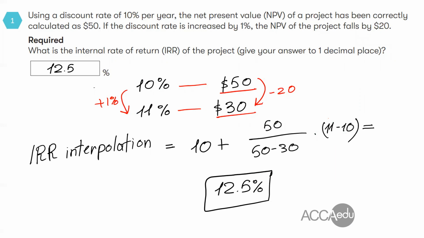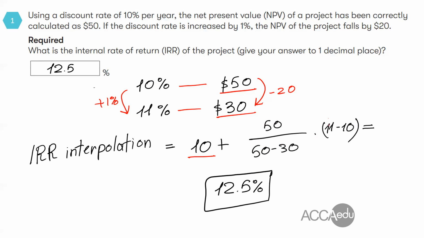So if we're given 2 discount rates and 2 NPV figures, calculating IRR is a piece of cake using the IRR interpolation method, which goes: the lower discount rate, which is 10%, plus the NPV for the lower discount rate, $50, divided by the NPV of the lower discount rate, 50, less the NPV for the higher discount rate.